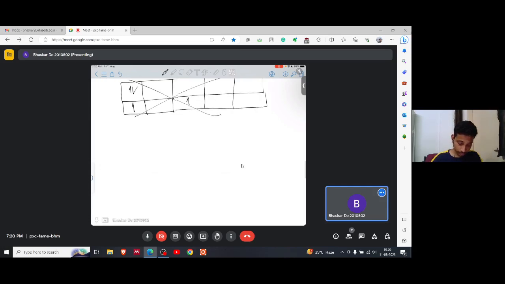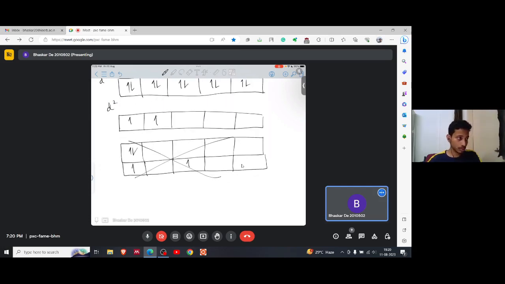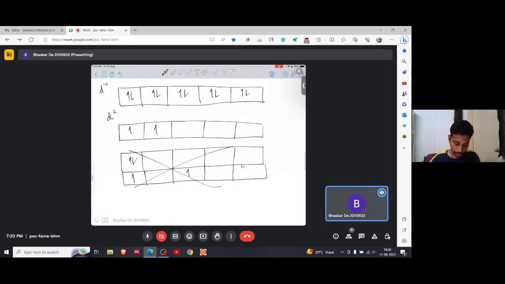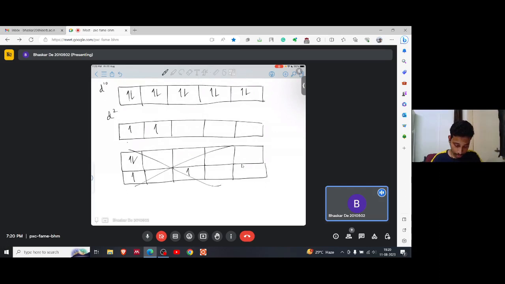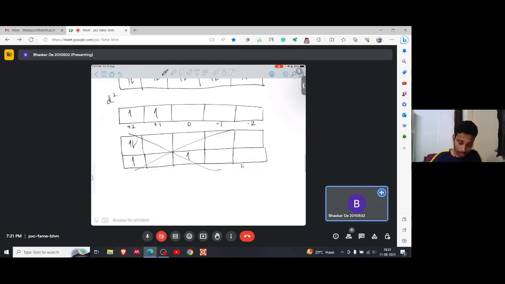And now there is a certain value of orbital angular momentum assigned to these boxes. So that is like +2, +1, 0, -1, -2. So basically here you can see that there are 2 electrons.